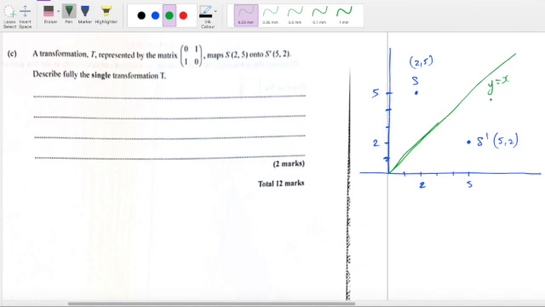It's not an enlargement. If it is a reflection, it would have to be a reflection in the line y is equal to x. So I'll just make a guess. And I do know that this is the correct answer: this is a reflection in the line y is equal to x.